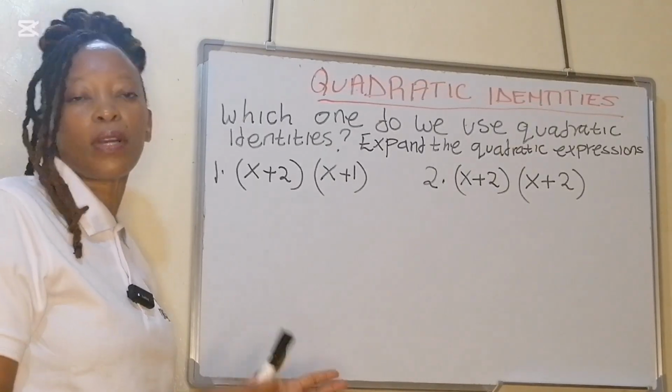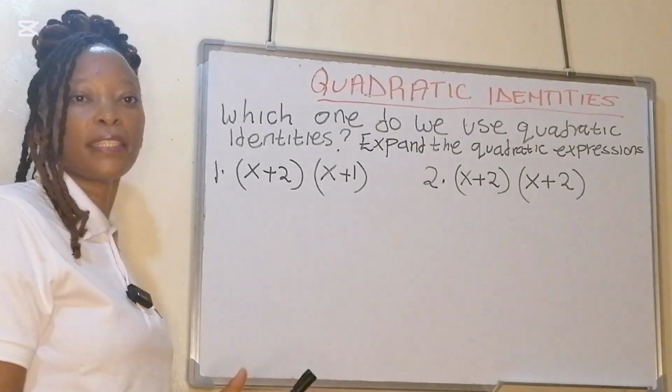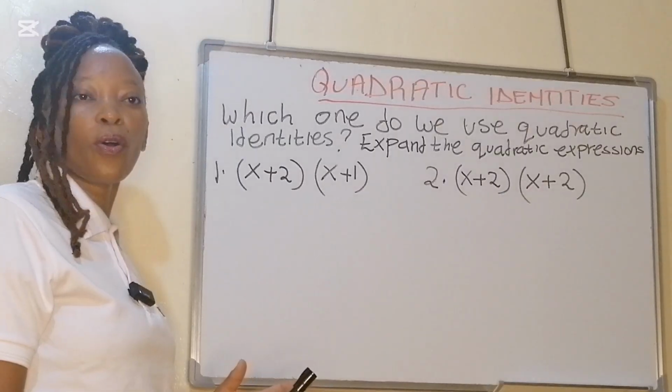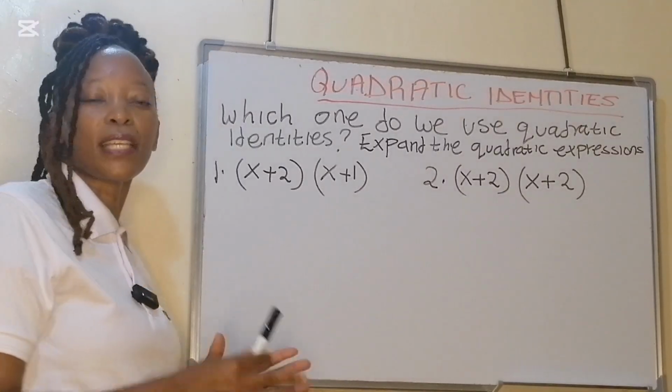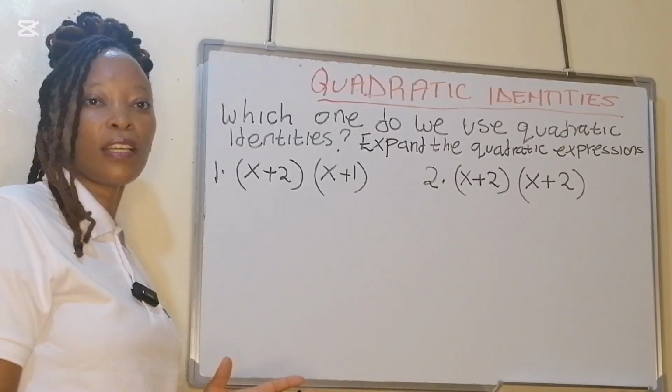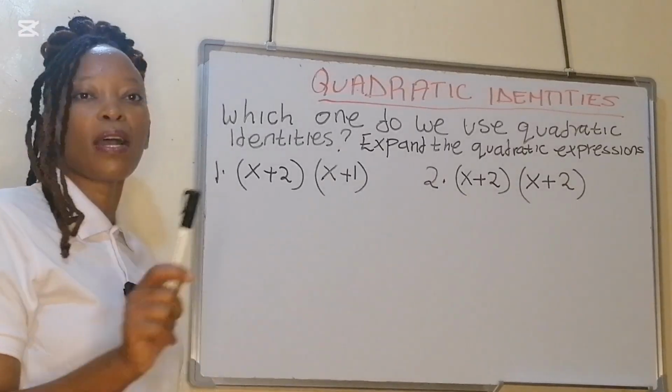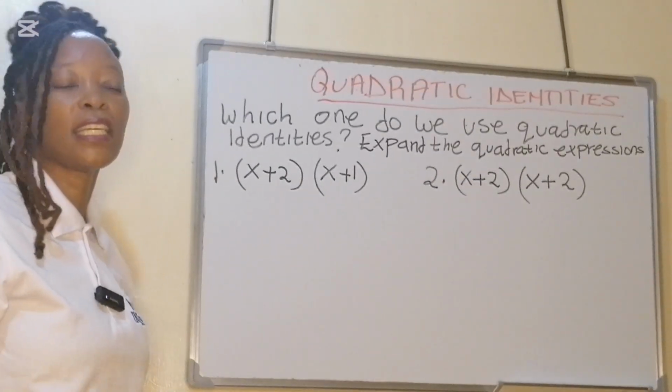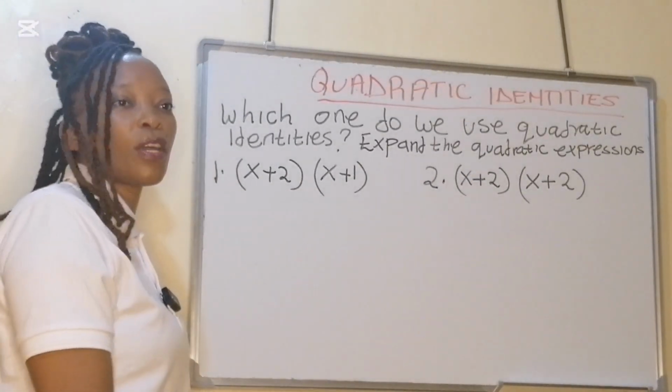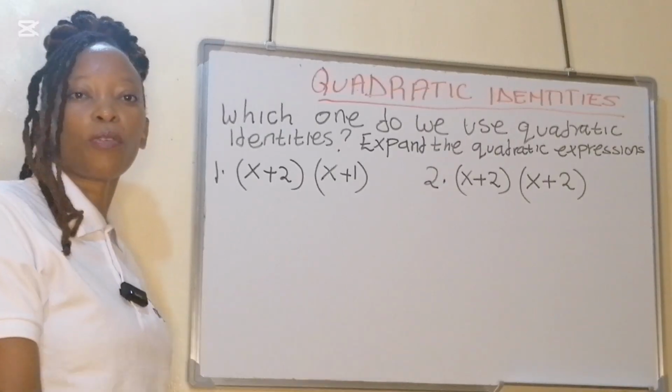Sometimes you don't need to use quadratic identity to expand. So this will help you as a student. You are able to identify: this one I'm going to use quadratic identity, this one I'm not going to use quadratic identity, or I will use the wrong method.